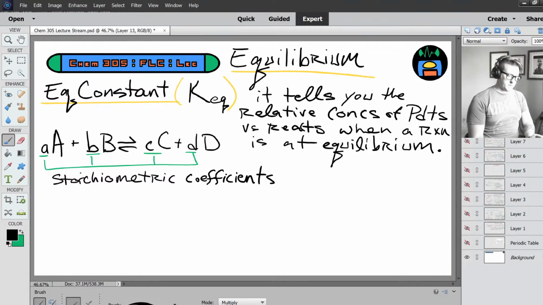All right, those are the stoichiometric coefficients. Your equilibrium constant for this reaction is equal to, it's always products over reactants.